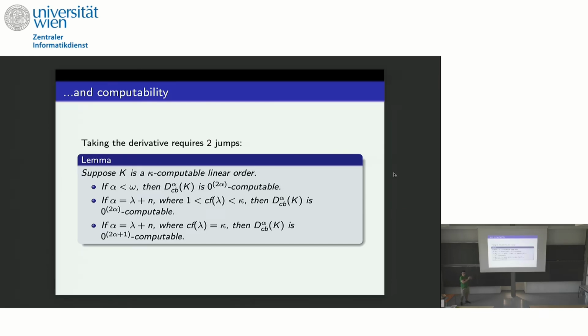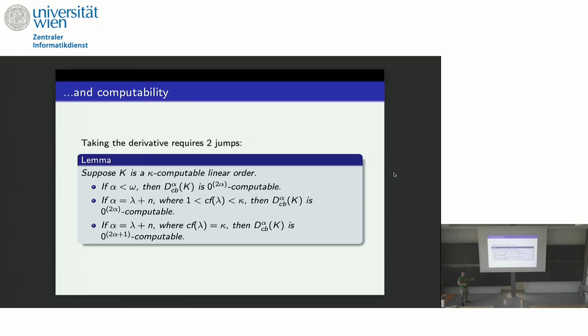So in normal countable computability theory, we had this dichotomy between finite and infinite ordinals. Here, it turns out there's a little bit more going on. If I've got an alpha, I need to ask, what is the last limit ordinal less than or equal to alpha? It's either long, meaning it has cofinality kappa, or it's short, meaning it has cofinality less than kappa.